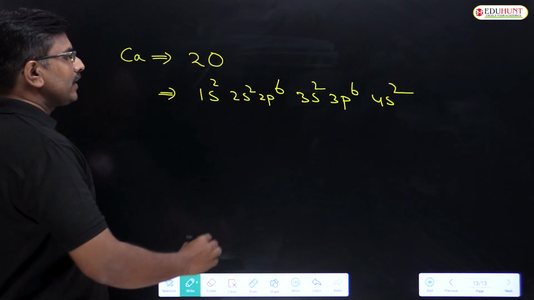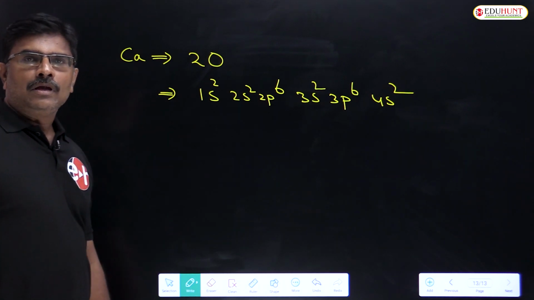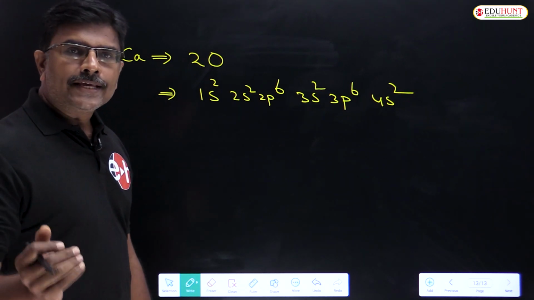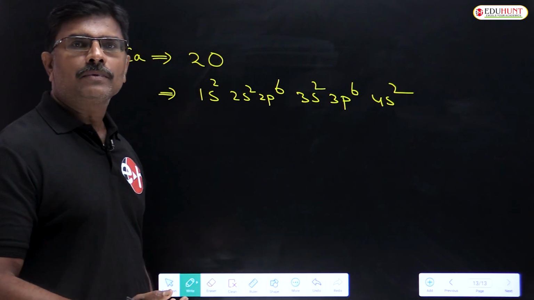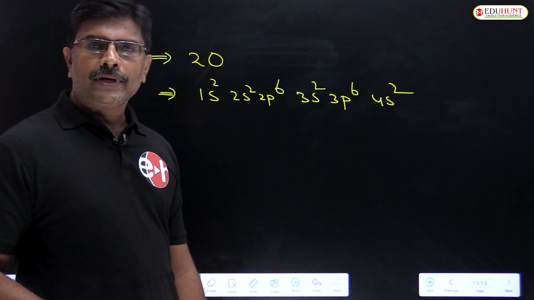This is the electronic configuration of the neutral calcium atom. Calcium is a second group element, under group 2A, an alkaline earth metal.